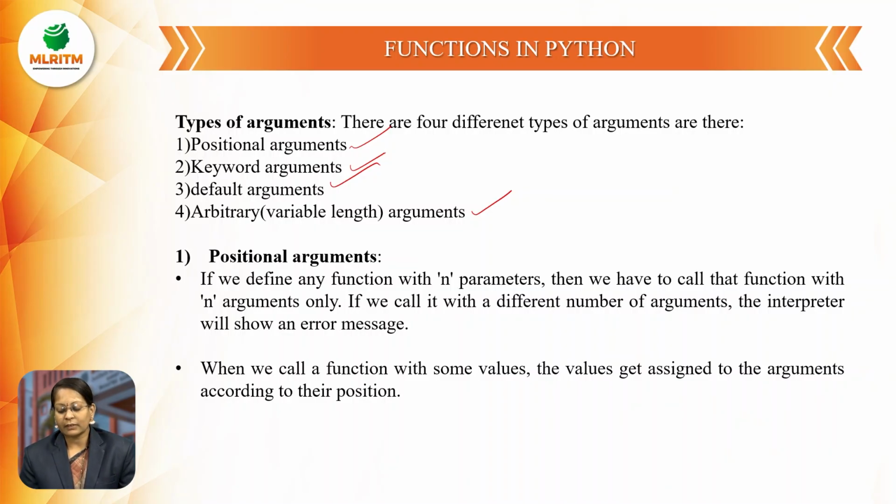If we call it with a different number of arguments, the interpreter will show an error message. Suppose a function has 3 arguments, then we have to call the function with 3 values only, not with 2 or 4. If we call that function with 2 arguments or 4 arguments, the Python interpreter will give an error message. So that is positional arguments.